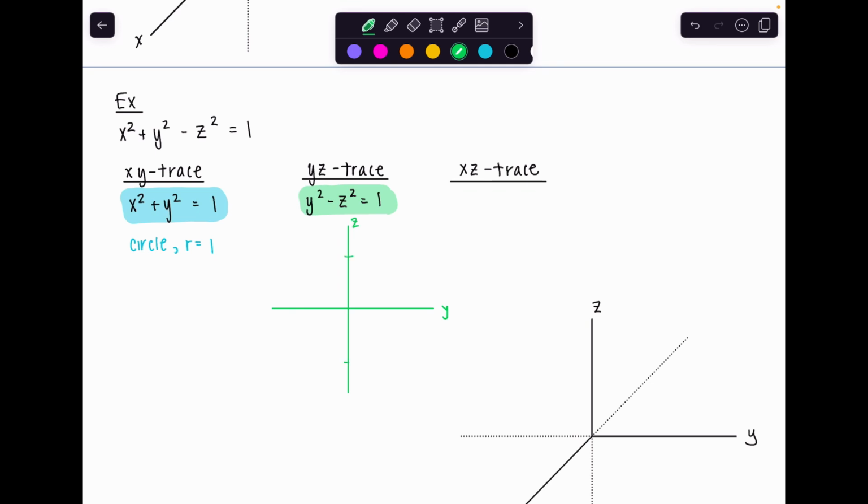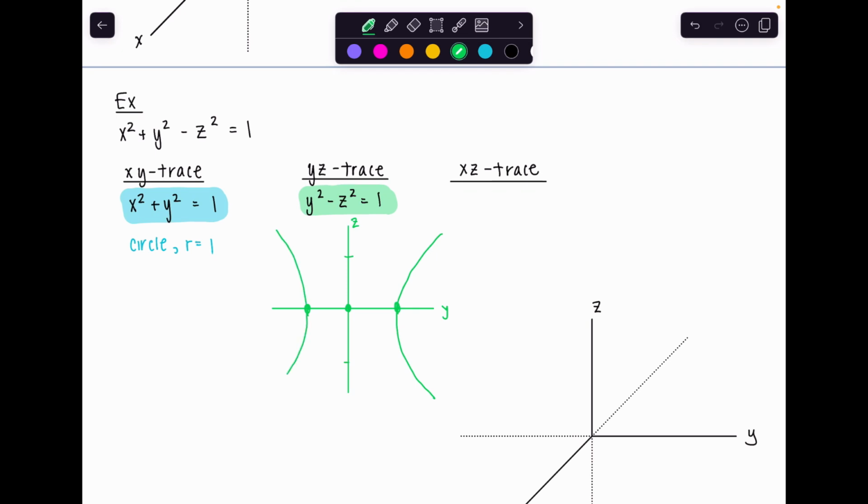So because the numbers under each of these are 1, that's great. Our center is at 0, 0. Because y is positive, that tells me it's going to open in the y direction. And because it's a 1 under y squared, that tells me that I move 1 in each direction. And then we have our hyperbola shape.